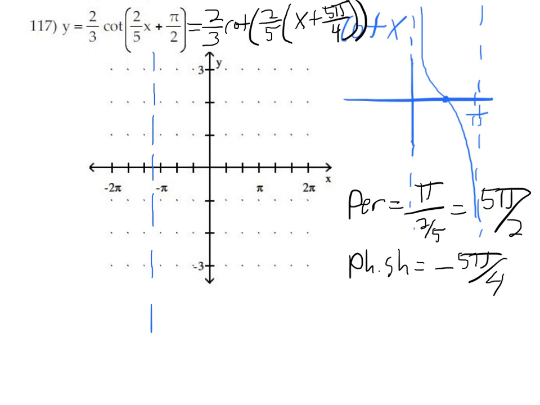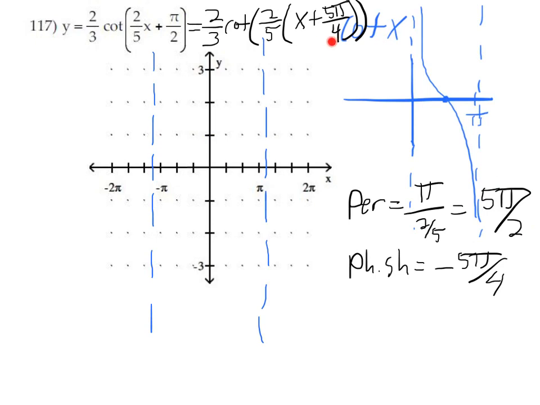So minus 5/4 plus 5/2 is 5/4. So it's actually the same distance on the other side, a little over pi. Now you want to verify this distance is the period of 5/2. Since we went left 5/4 and we go right 5/4, that'll be 5/2.